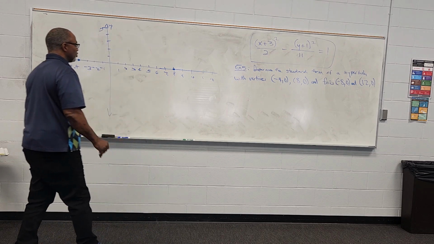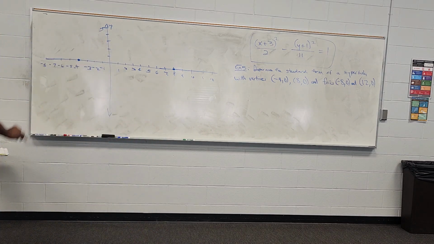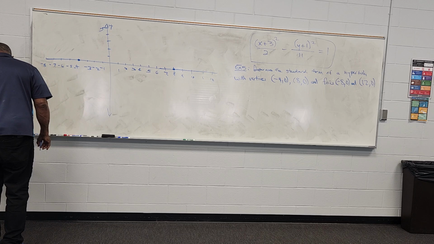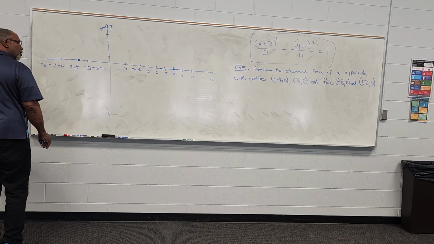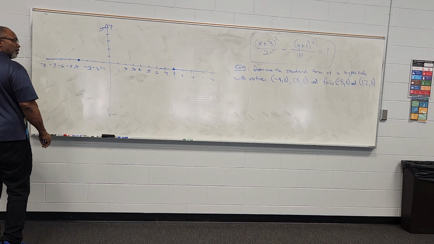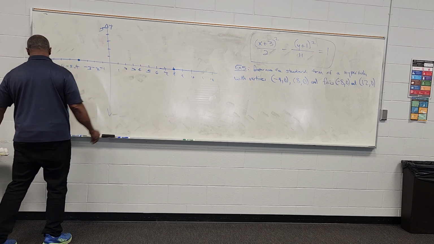Okay. So if those are my vertices, I know that my transverse axis is horizontal. My vertices lie on a horizontal line, so my transverse axis goes from -4 to 8.